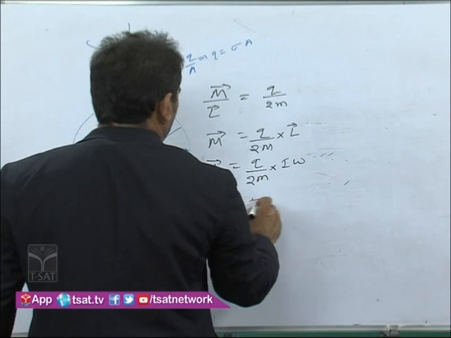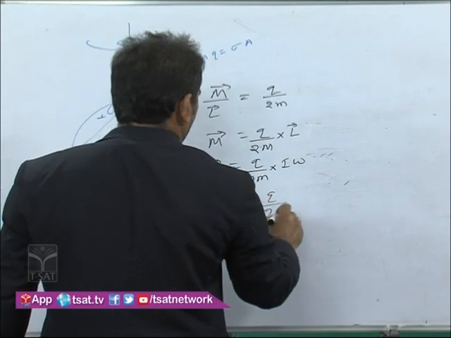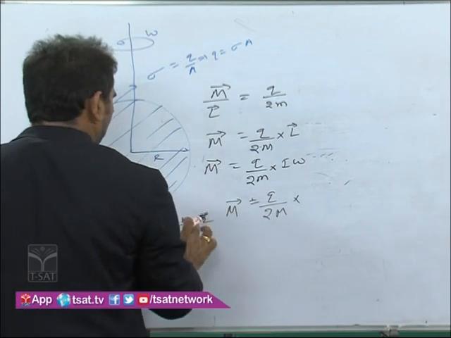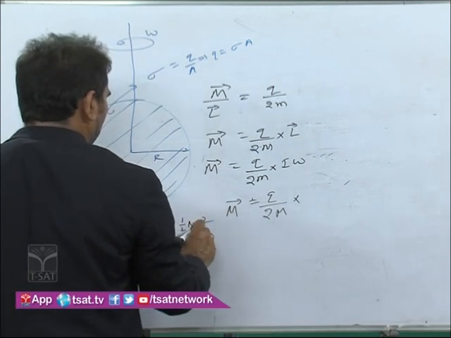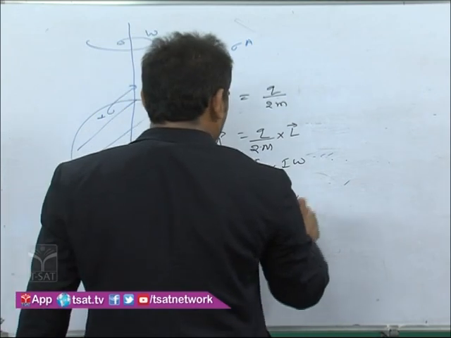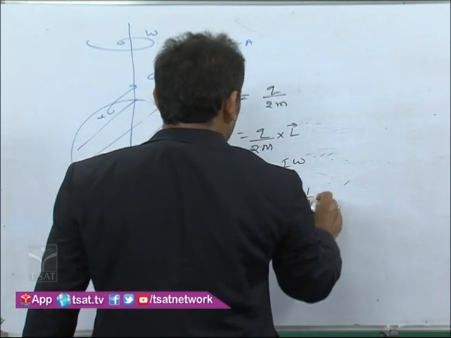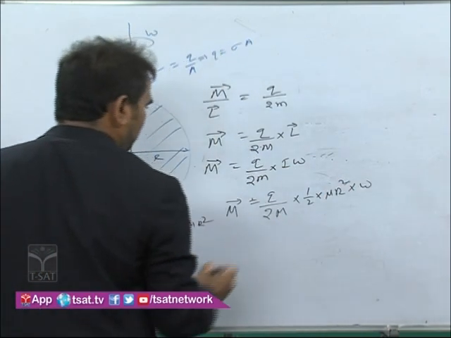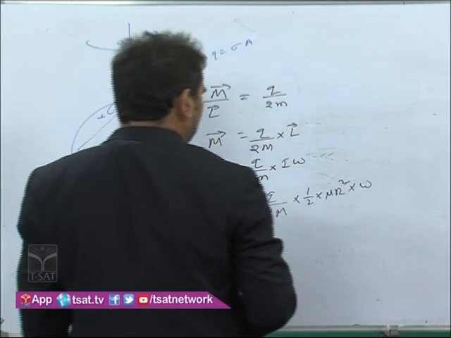Therefore, m bar = q upon 2m into 1 by 2 m R square into omega. Capital R was given here, so you can write the radius as capital R. What gets cancelled here?